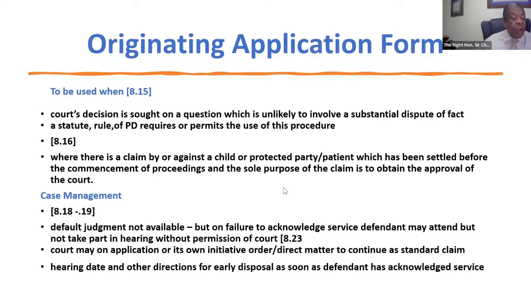And the court may, on its own application, direct the matter to continue as a standard claim form. And it must fix a hearing date and give other directions for early disposal as soon as a defendant has acknowledged service. Next slide.